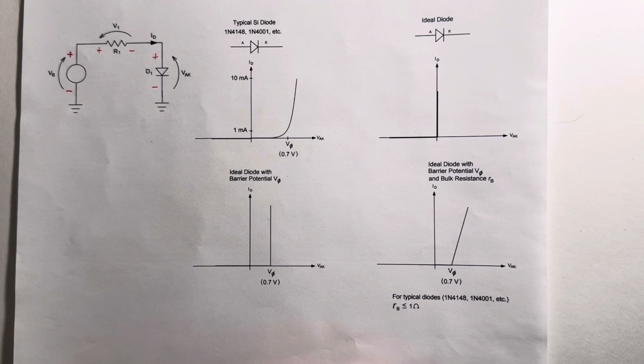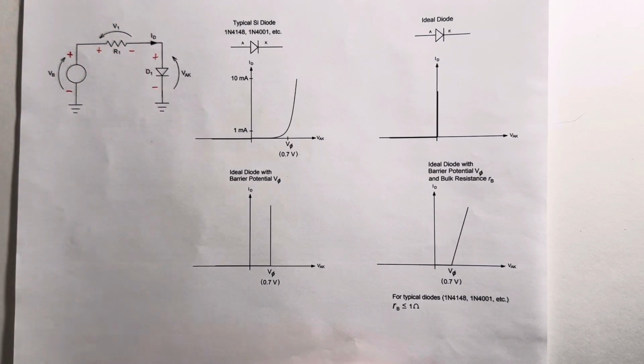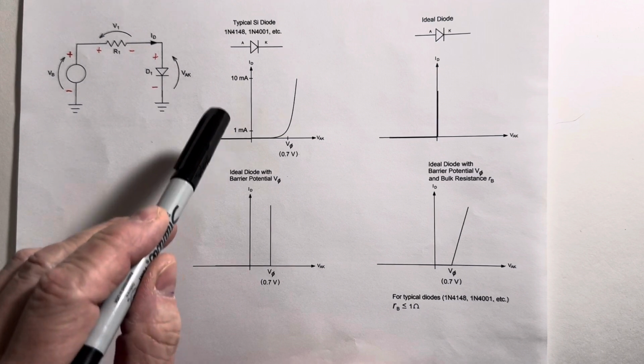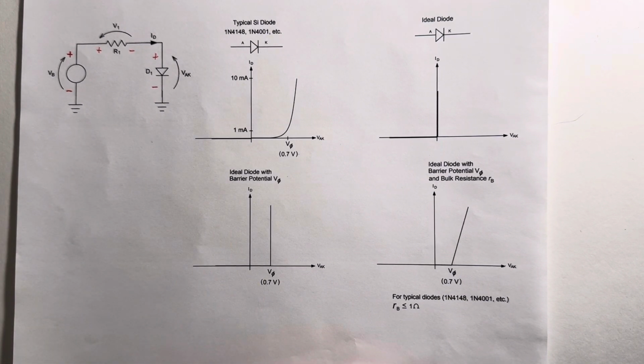As we know, Shockley's equation is a cumbersome exponential equation that relates diode current to anode to cathode voltage. And on the scale of currents that we're typically going to be dealing with, the diode has an effective barrier potential of about 0.7 volts.